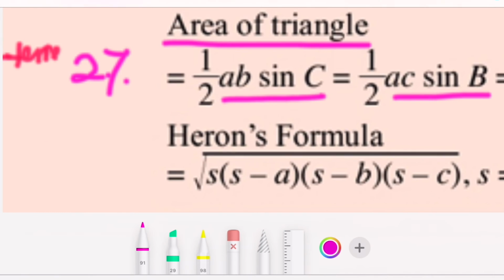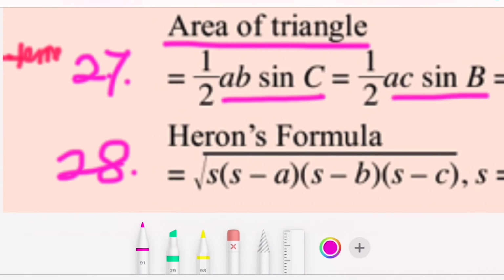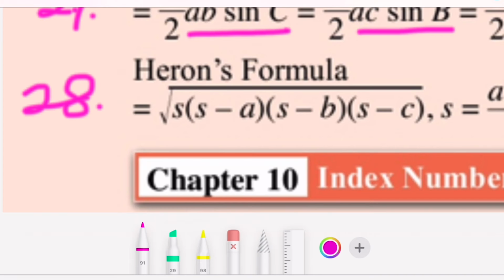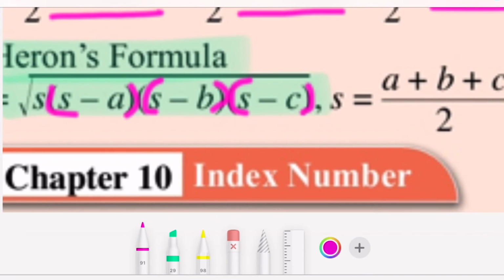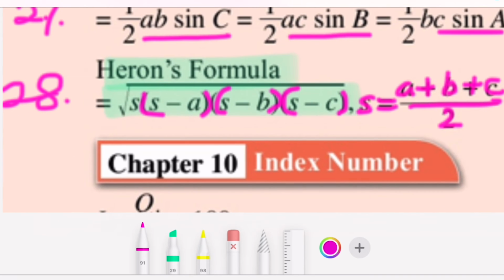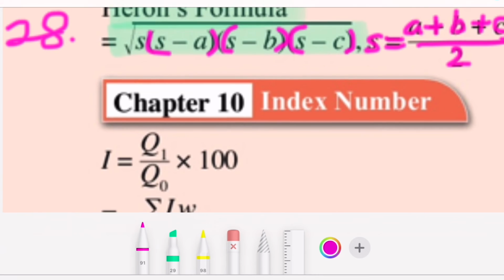And 28 is totally a new formula, which we call Heron's formula. It is square root of S times S minus A, S minus B, and S minus C. The S is actually A plus B plus C over 2, which is the semi-perimeter. A, B, C are the lengths.